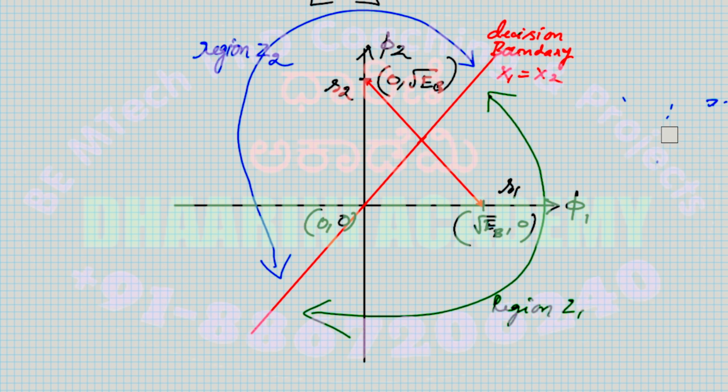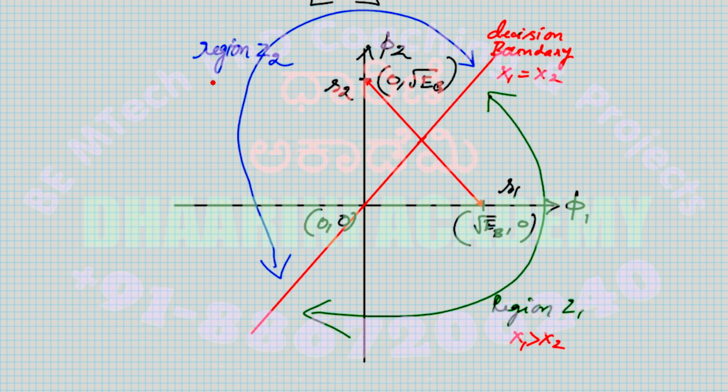Perfect. So the decision boundary can be used to identify in the following fashion. In the region Z1, what was the condition you mentioned? x1 is bigger.